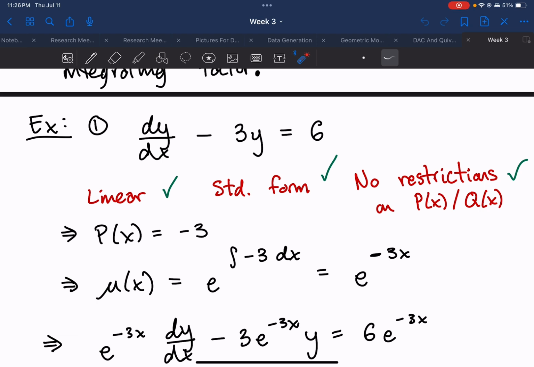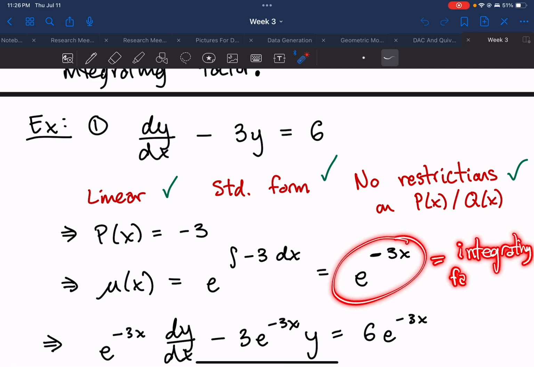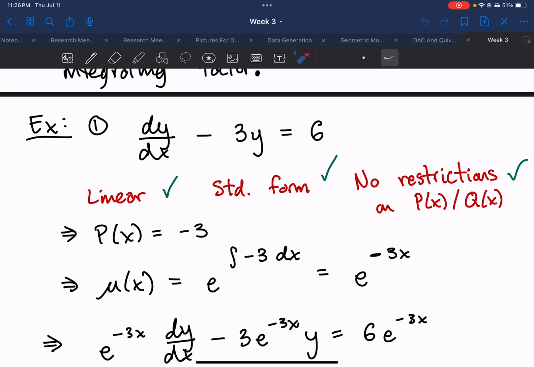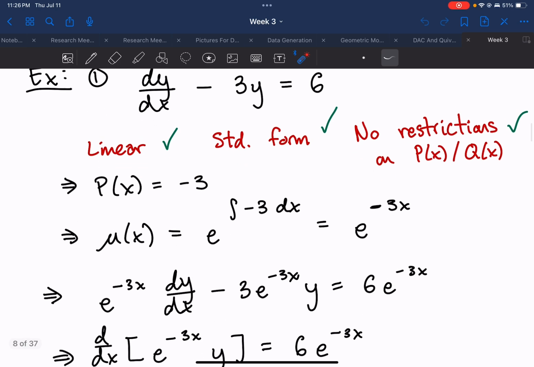How do you integrate -3? You get -3x, which is e to the -3x. This is my integrating factor. It's called the integrating factor because the next step after you find it is to integrate, basically.